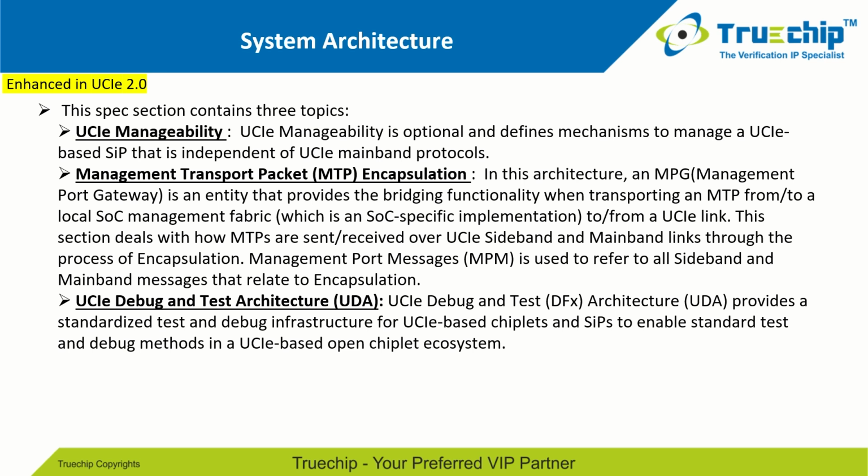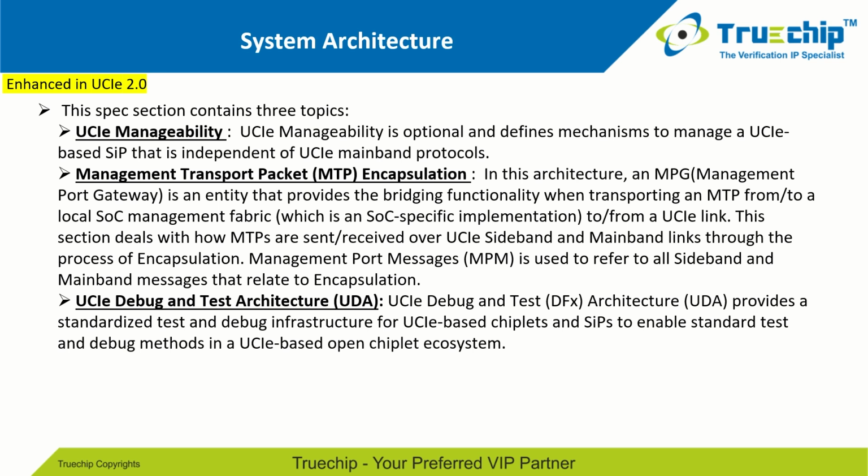The second one is management transport packet encapsulation. In this architecture, a management port gateway is an entity that provides the bridging functionality when transporting an MTP from a local SoC management fabric or from a UCIe link. This section deals with how MTPs are sent or received over UCIe sideband or mainband links through the process of encapsulation.